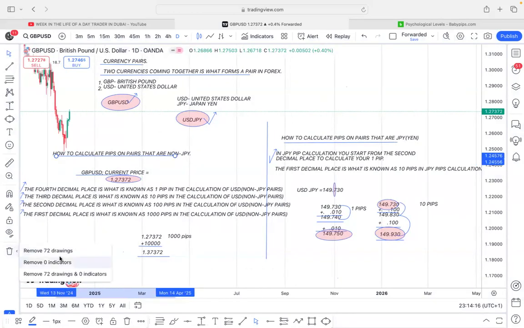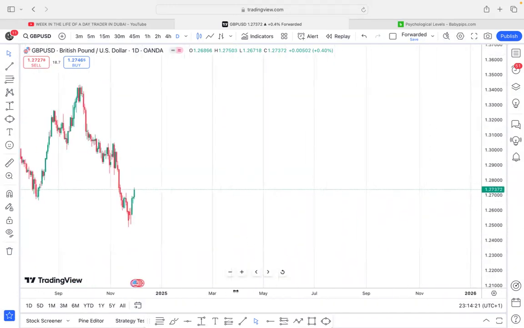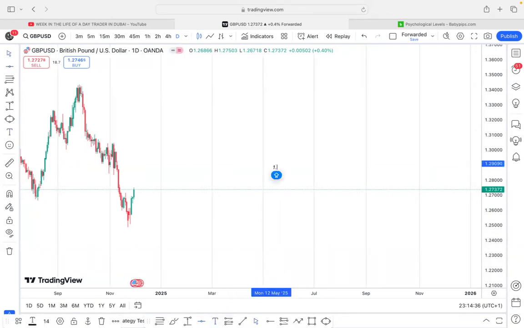All right. So how do you know your psychological levels from the current price that we're having now on GPS? Look at this level. Our current price level here is 1.27372.